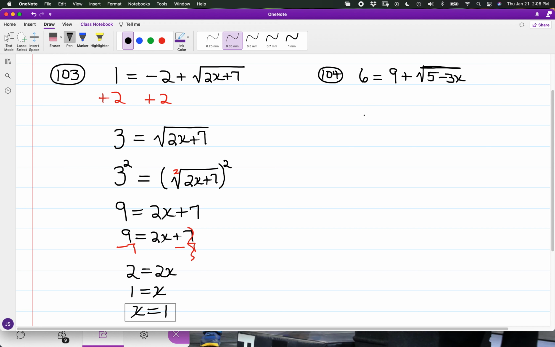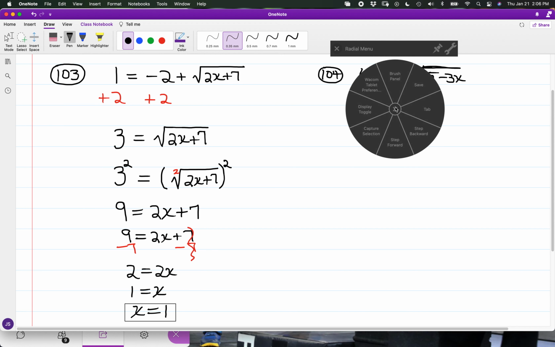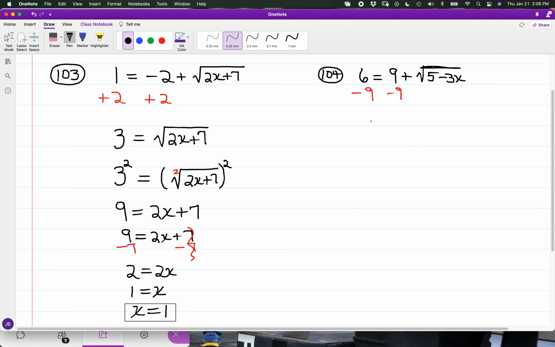Just as I isolated the square root of 2x plus 7, I'm going to do the same with the square root of 5 minus 3x. I'm going to undo the presence of the constant right next to it, taking care of the 9 by subtracting. Upon subtracting 9 on both sides, 6 minus 9 is negative 3, which is equal to the square root of 5 minus 3x.